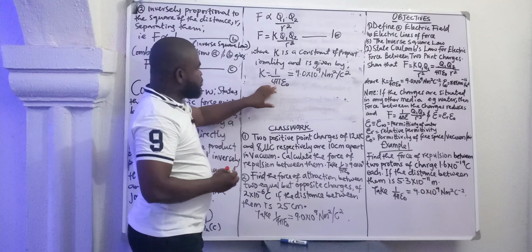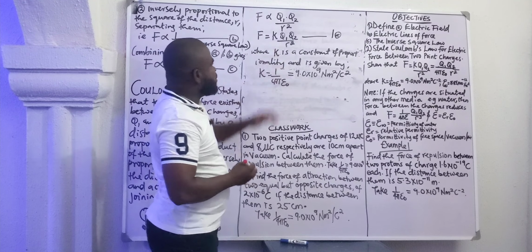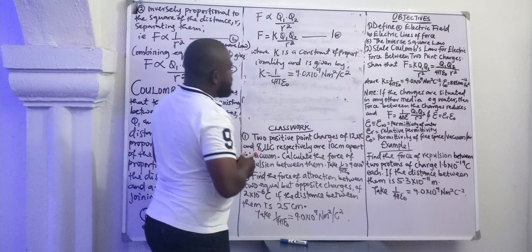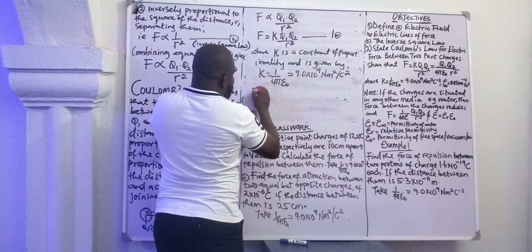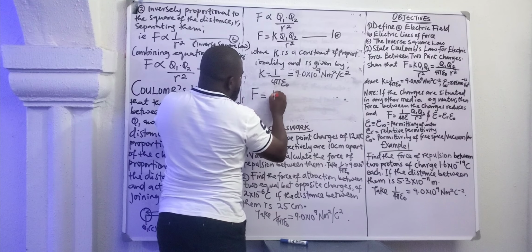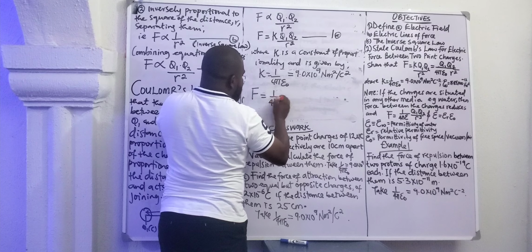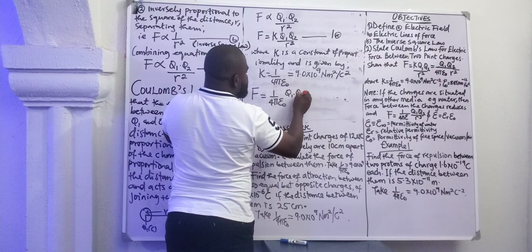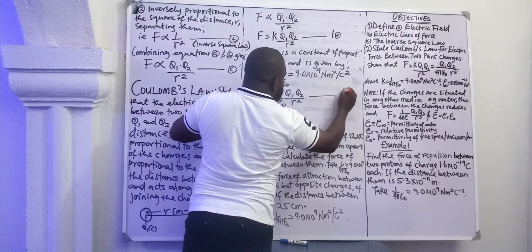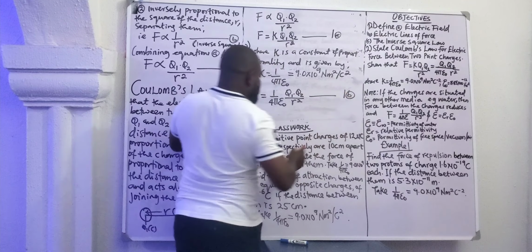Good. If we put this into equation 1, equation 1a will be written as F equals 1 over 4 pi epsilon 0 Q1 Q2 divided by r squared. Let me call this equation 1b.